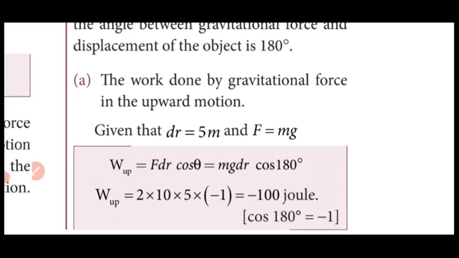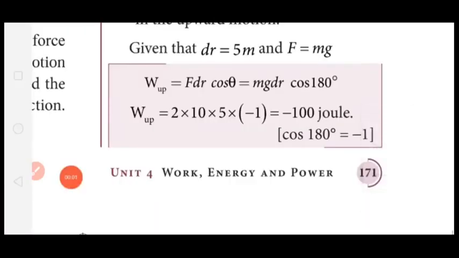The work done in the upward direction is W up equal to F dr cos theta, that is mg dr cos 180 degrees, substituting theta as 180 degrees.